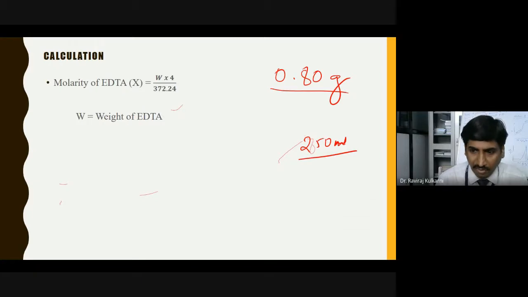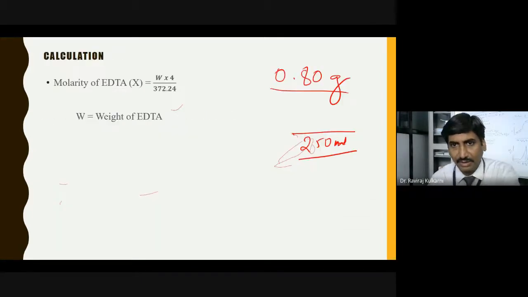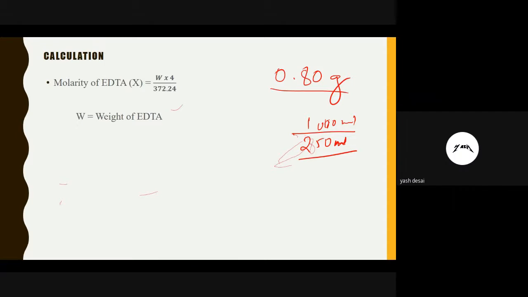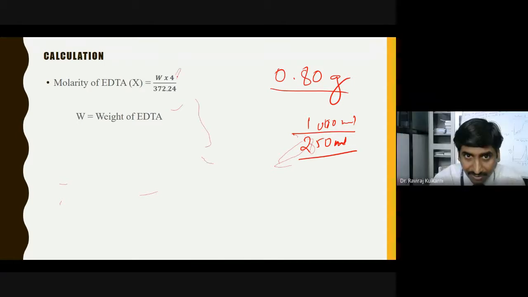How did I get 4? If it were 1000 ml, I would have kept it as it is, taking 1. So 1000 divided by 250 is 4. And what is 372.24? It is the molecular weight of EDTA, the disodium salt of EDTA.